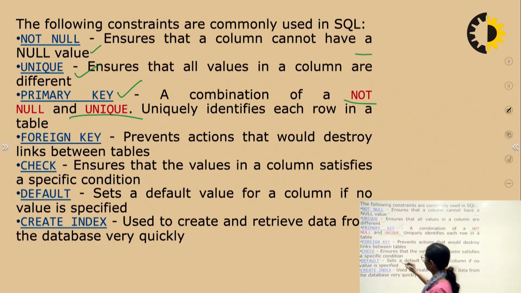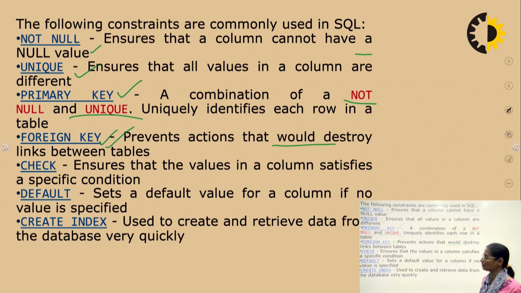Another important constraint is the foreign key, that is, whenever I want to relate my secondary table with the primary table, then in the primary table I am having a primary key, but in the secondary table I am having a reference key. With the help of this reference key, which is also known by the name foreign key, we relate these two tables. So it prevents the actions that would destroy the links between the tables.